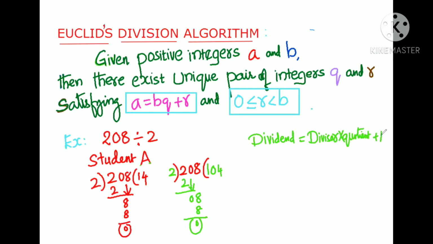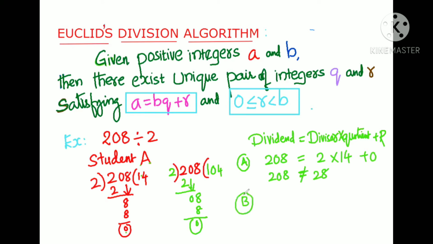First, for A, dividend is 208 and divisor is 2, quotient is 14, remainder is 0. So 2 into 14 plus 0 should give 208. But 2 into 14 is 28, plus 0 is 28. So this is not equal.